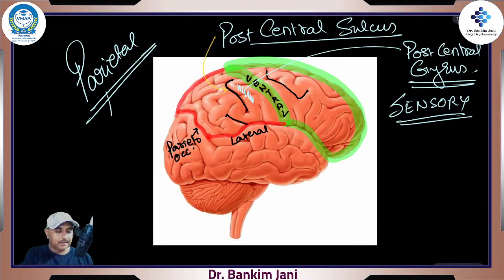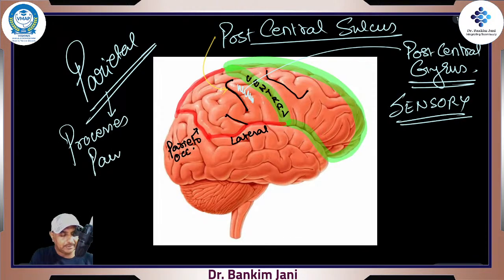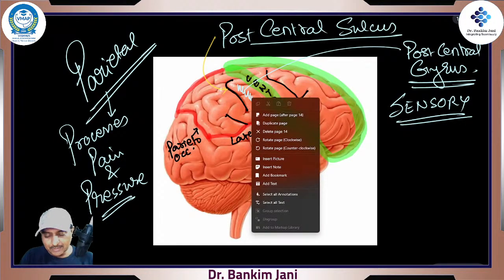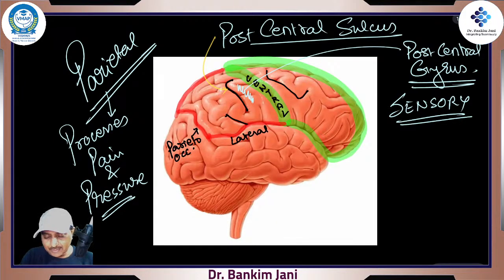P for P. Parietal processes pain and pressure, right? So that ouch feeling, that is the parietal one, right? So here, when we said that this is for motor, that was the precentral.